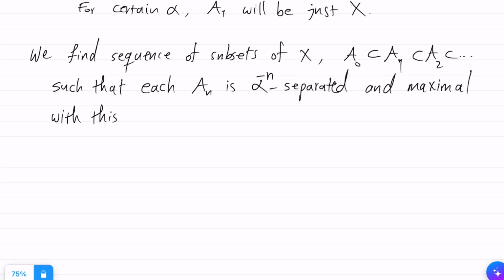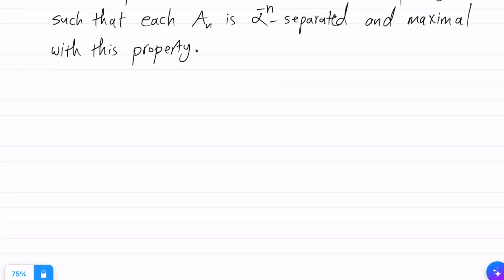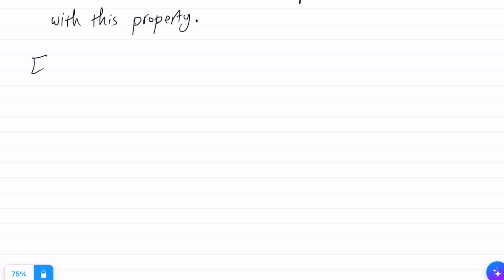It's a maximal set with this separation property. Now the example that I just promised: take a finite metric space.